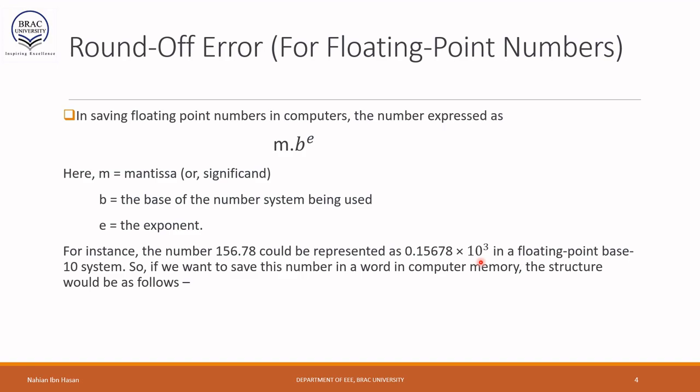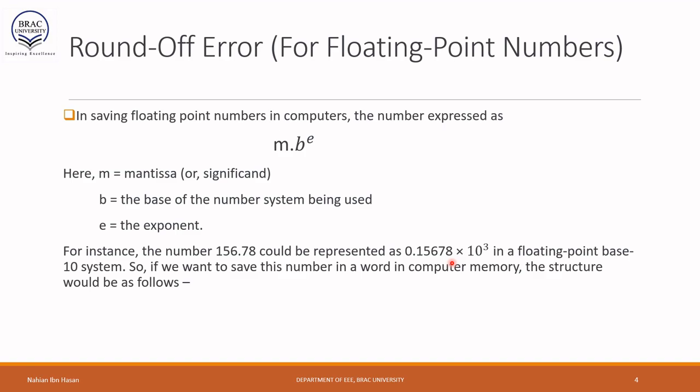That means we are representing the number with a decimal system. Why decimal? Look at the base value, the b value, which is 10, and the exponent is 3. And what is the mantissa? This whole number 0.15678 is the mantissa. 10 is the base and 3 is the exponent.